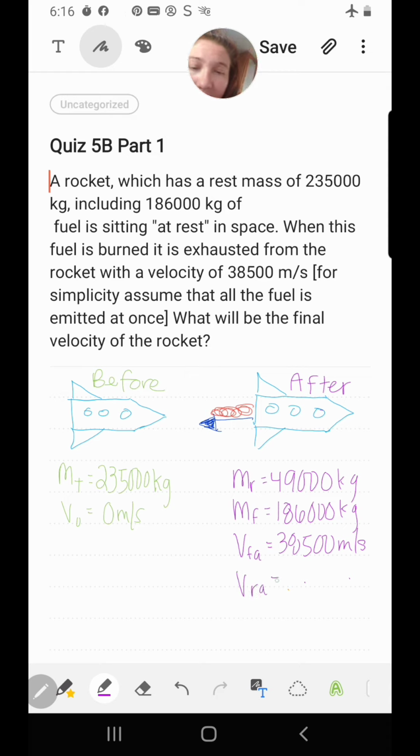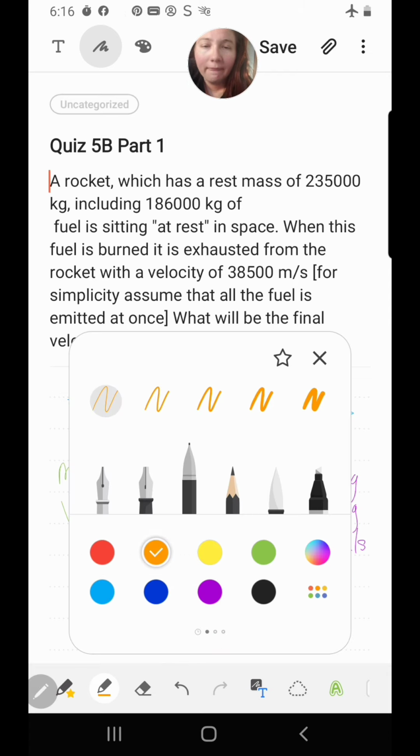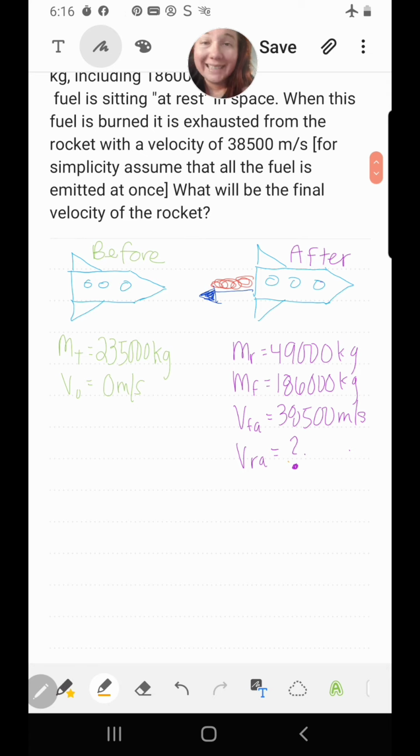Okay, now in order to determine that, we need to consider a few things for this problem. So what type of collision is this? Well, it is called an inelastic collision. What is an inelastic collision?